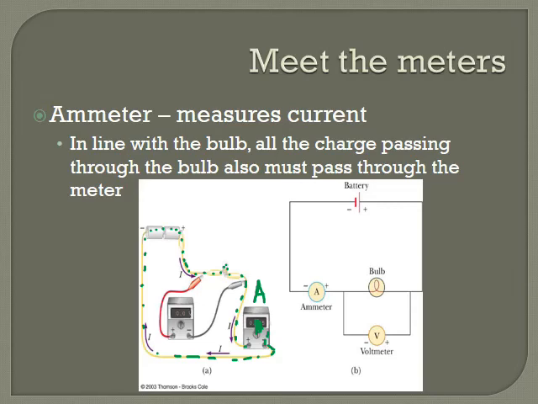You couldn't have more charges moving through the ammeter than you could over here or over here. The flow, or through the battery for that matter, the flow must be the same everywhere, because if it were different, if I had more flow, let's say at this spot that I'm labeling as X, and less flow at my ammeter, I'd wind up having a buildup somewhere in between, because I'd have more charges flowing through my X point than I would through my ammeter, and eventually charges would start building up, and that just does not happen.